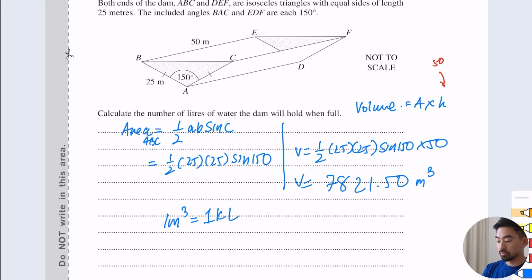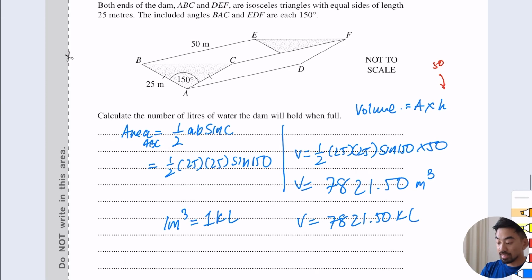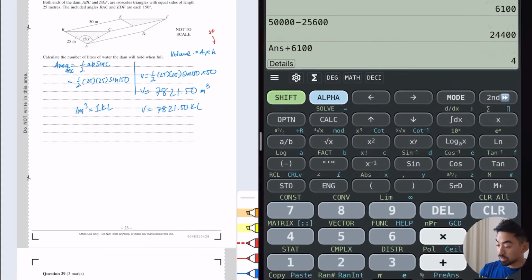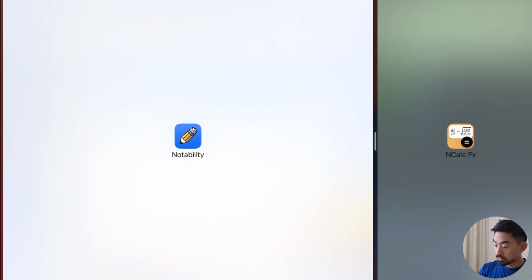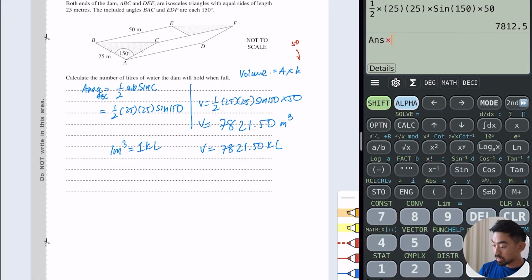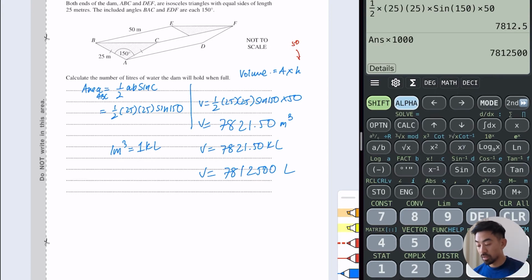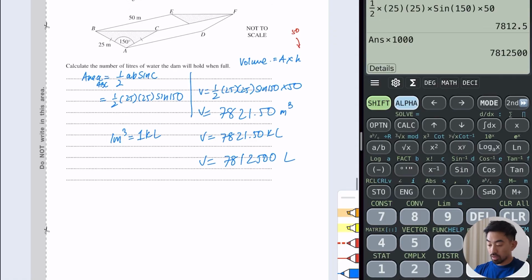So it's literally just changing the letters. Now, because they want it in liters, to get the kiloliters to liters, you multiply that by 1,000. So we're going to have 7,812,500 liters. So 7 million liters. Okay, nice.